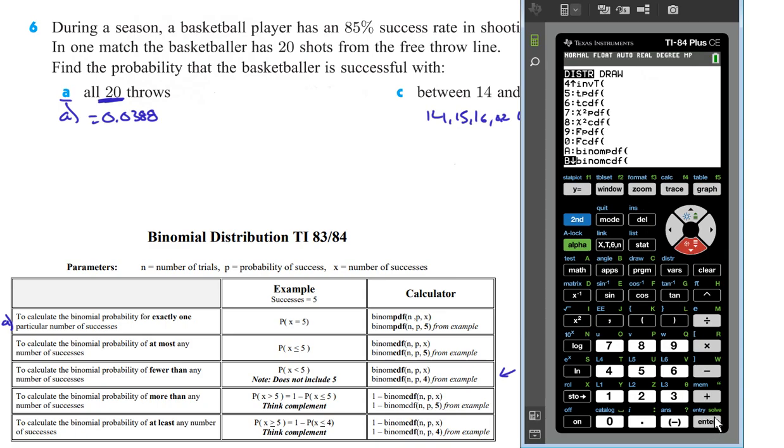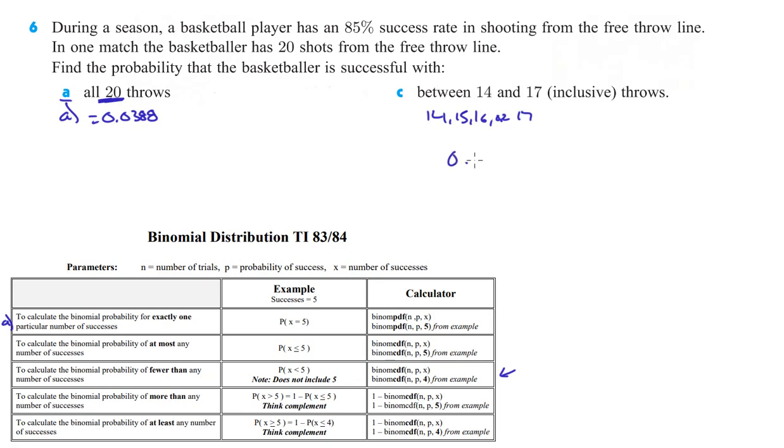Binomial CDF, 20 trials. The probability of making it is 0.85. And then we want fewer than 17, including 17, so we put 17 in here. Paste, and that is 0.595. So there's a 59.5% chance that they're going to make between 0 and 17, but we want between 14 and 17.